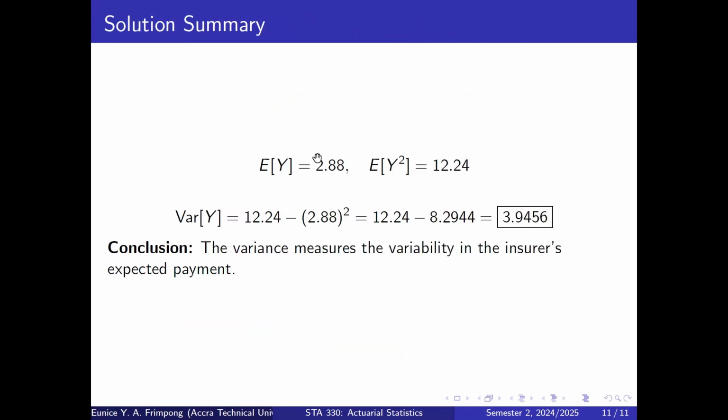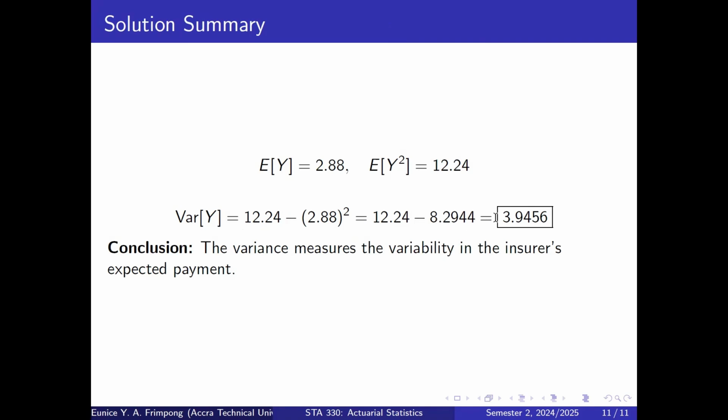After going through the calculation, you should get the expectation of Y being equal to 2.88 and the expectation of Y squared being equal to 12.24. Therefore, the variance is equal to 12.24 minus 2.88 squared, which is equal to 12.24 minus 8.2944.